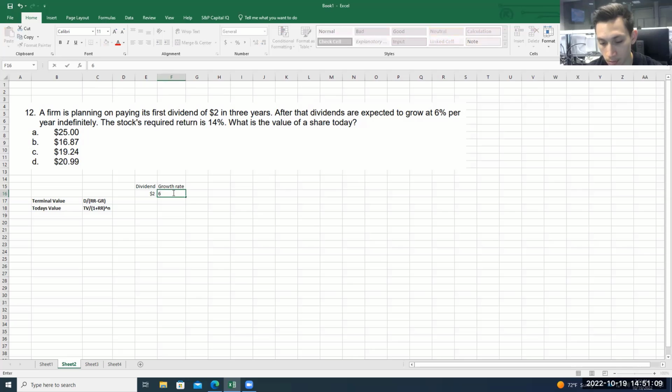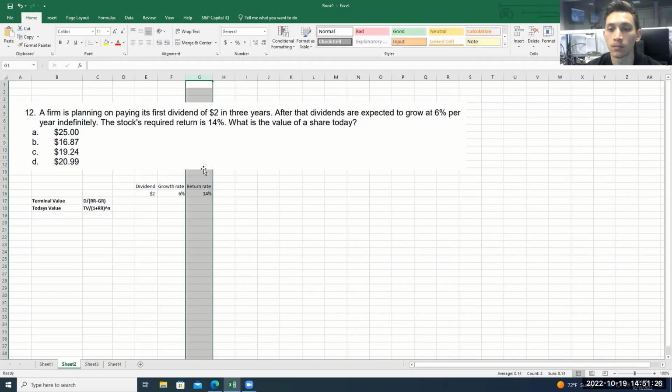And the stock's required return is 14%. That's going to be the return rate as well. We're looking for what is the value of a share today.